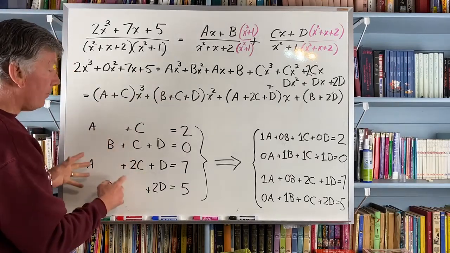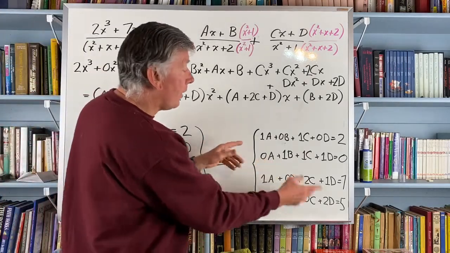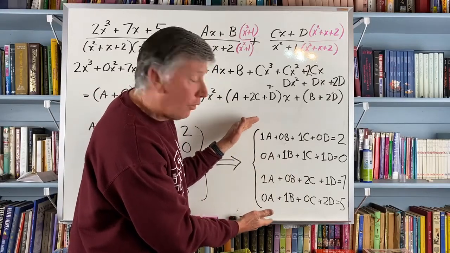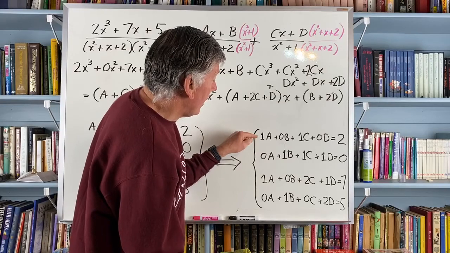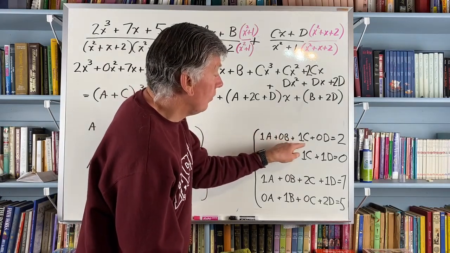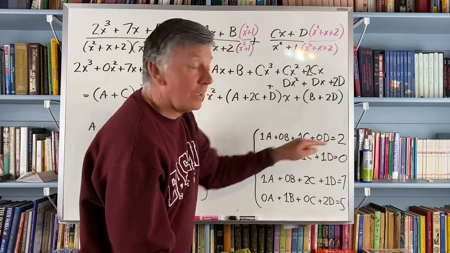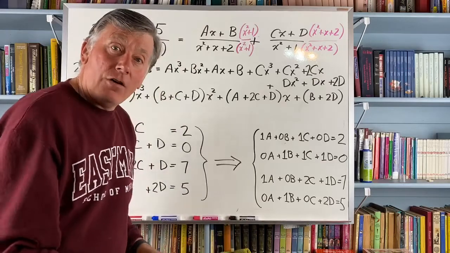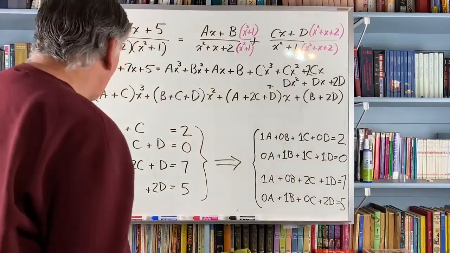I have a lot of gaps in here. I'm going to rewrite this now as a system of 4 unknowns and 4 equations, and I have put the numbers in front. 1a, 0b, 1c, 0d equals 2. I've done that for all of them. Now I'm going to erase and solve.